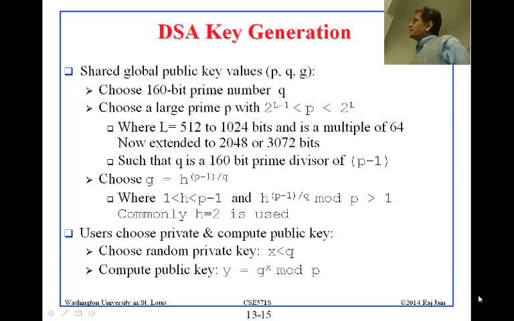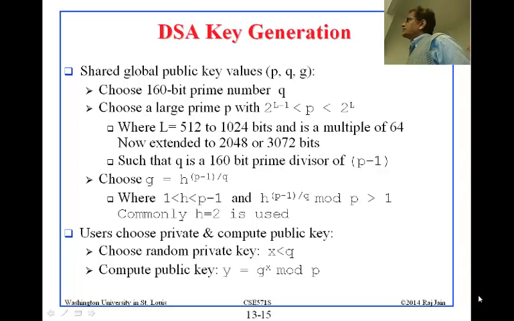So P, Q, G are basically where Q is a 160-bit prime number, and P is a very large prime, larger than 2 raised to L minus 1 and less than 2 raised to L, so it is L bits long, where L is 512 to 1024 bits and is a multiple of 64.